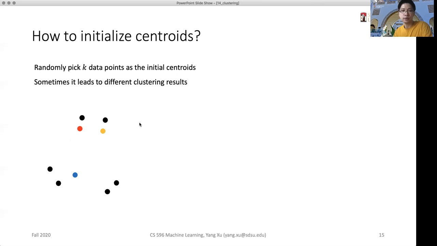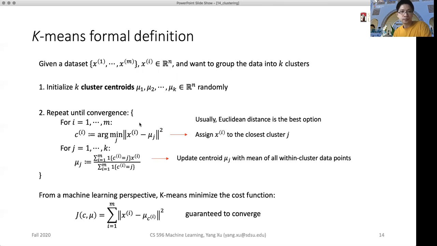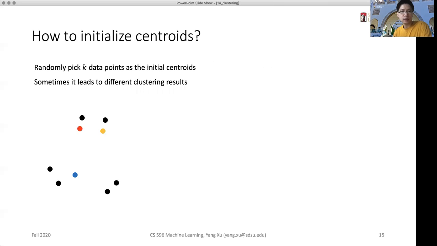Okay, so for example, if we have these 9 data points, and we pick the red point, the yellow point, and the blue one as initial centroids, then probably after we run k-means, it will result in 3 clusters.